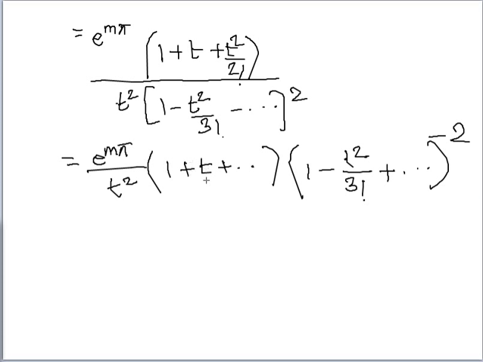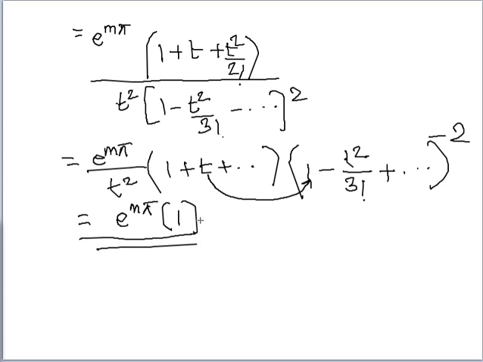Then the second term multiplied with this one gives t. When this t is multiplied with 1 by t square, it gives 1 by t. So its coefficient is 1 only. So the coefficient of 1 by t is e to the power m pi into 1. Hence the residue at m pi is given by e to the power m pi.